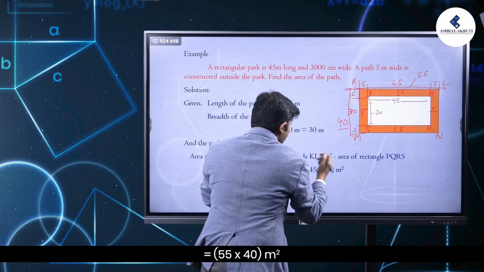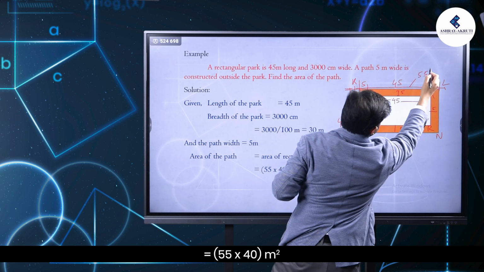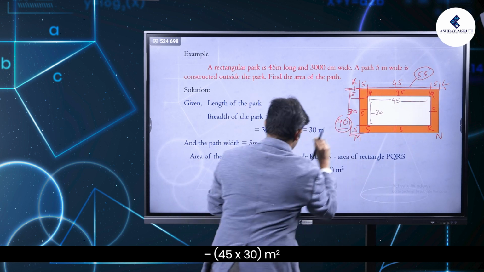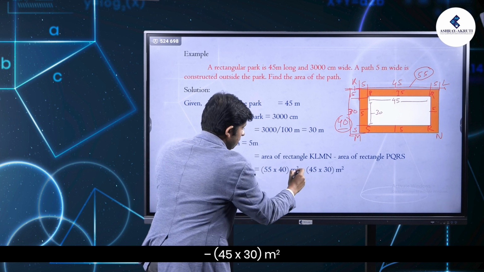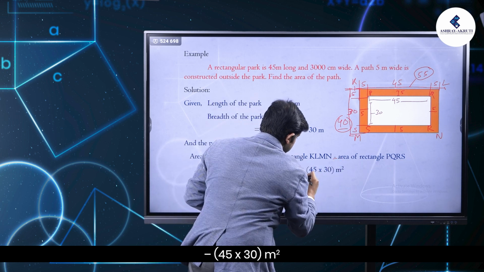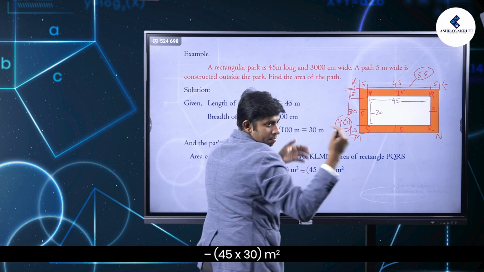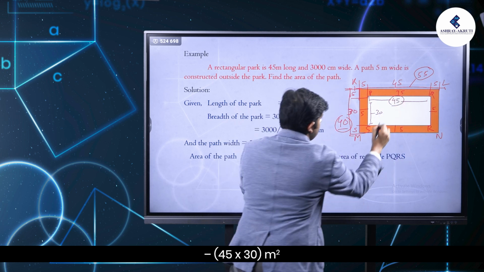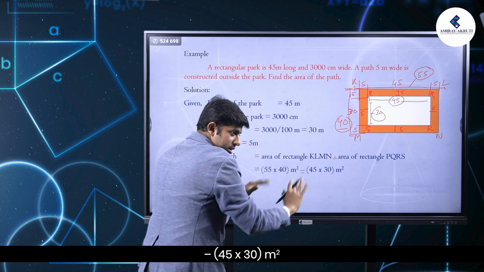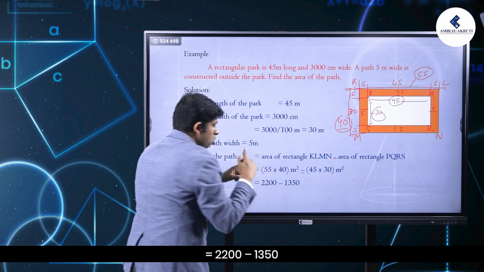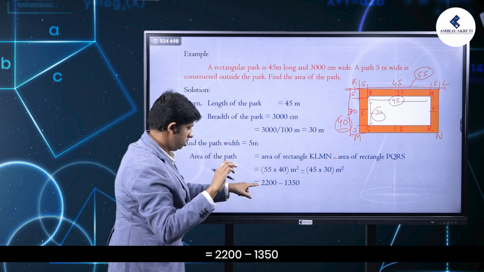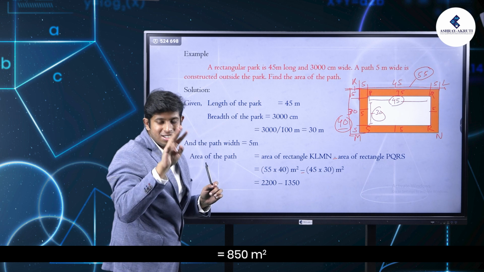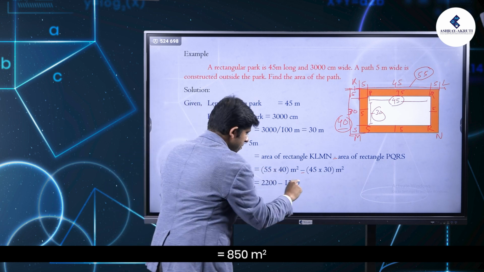Equals to 55 into 40 of meter square minus 45 into 30 of meter square. Equals to 2200 minus 1350, which is equal to 850 meter square.